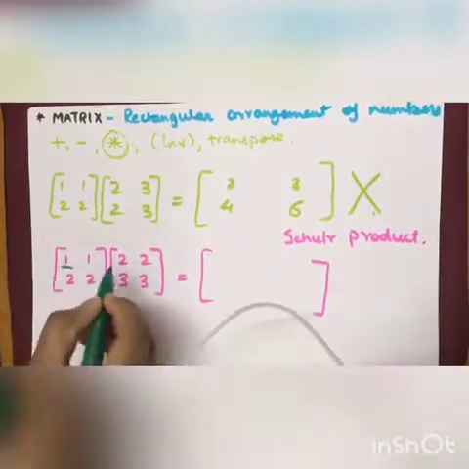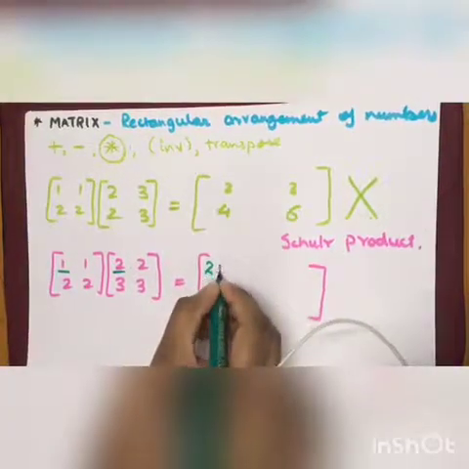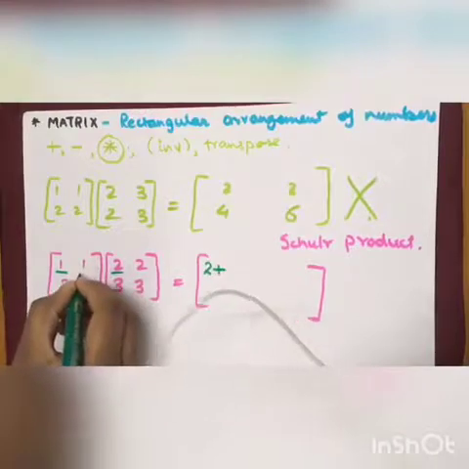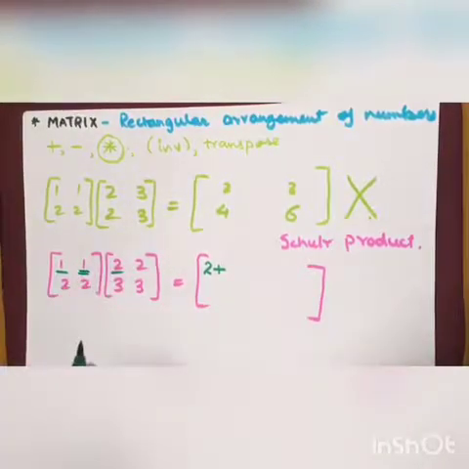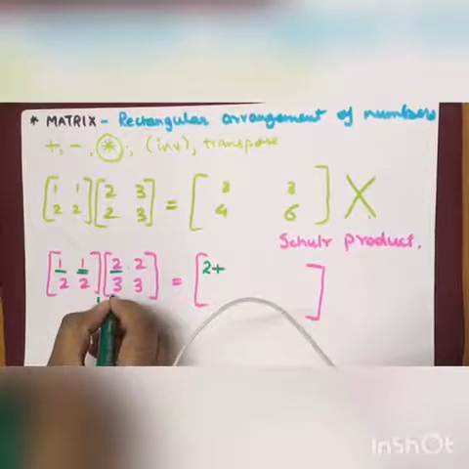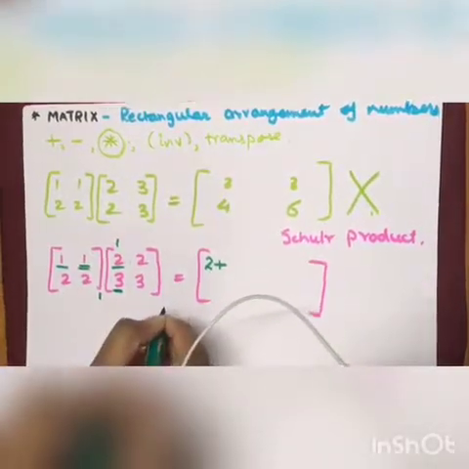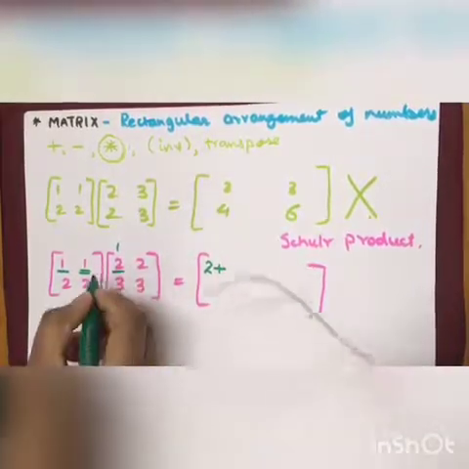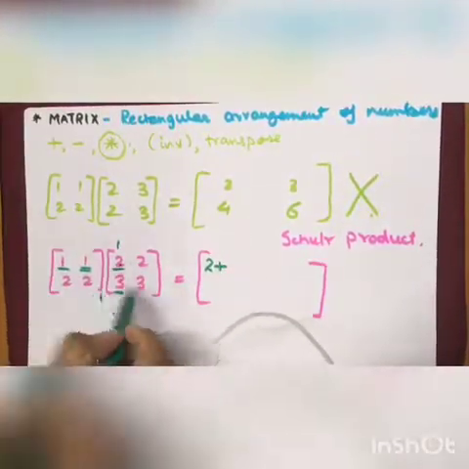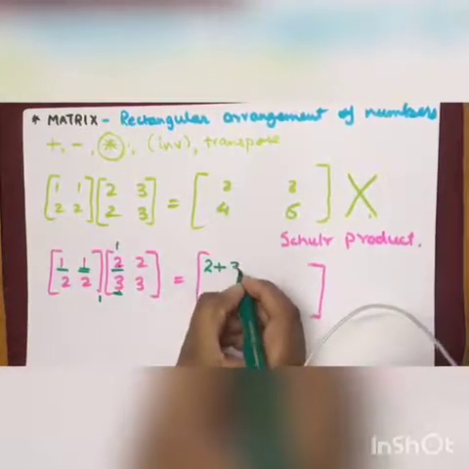So we multiply 1 with 2 over here, which gives us 2, and we add it to the multiplication of the second element of the first row of the first matrix to the second element of the first column of the second matrix. This is getting too complex. Just remember that it's this into this plus this into this. 1 into 3, that is 1.